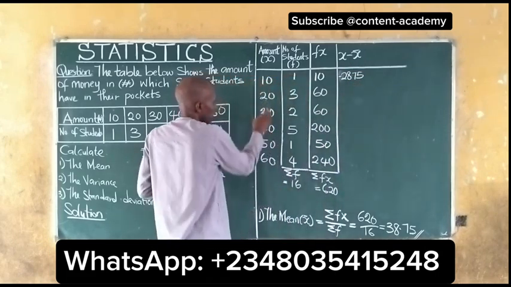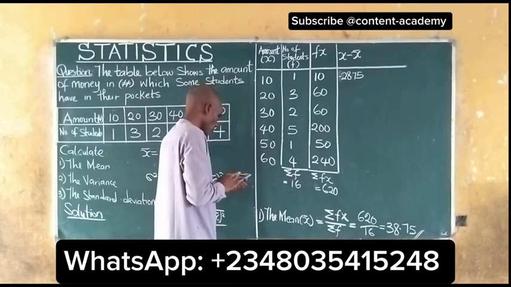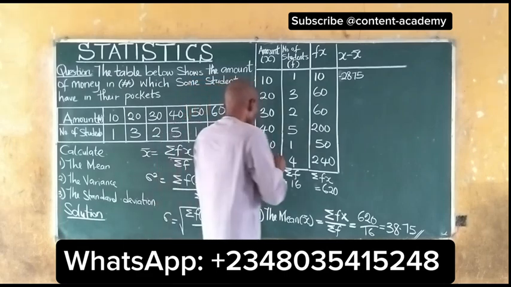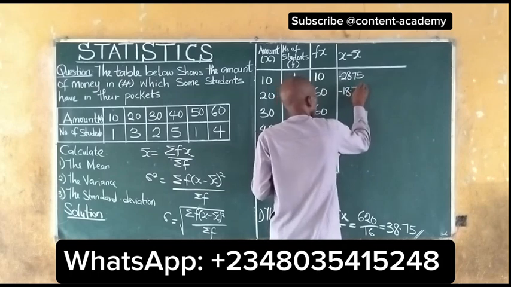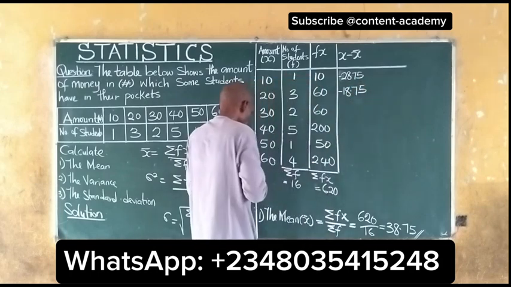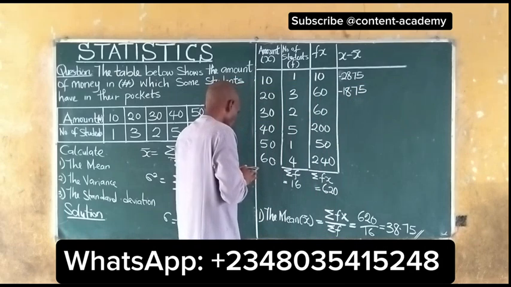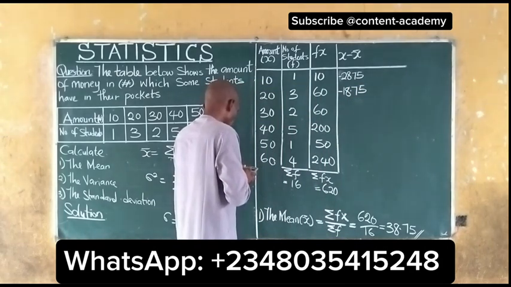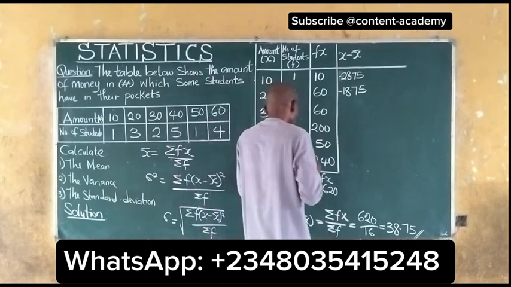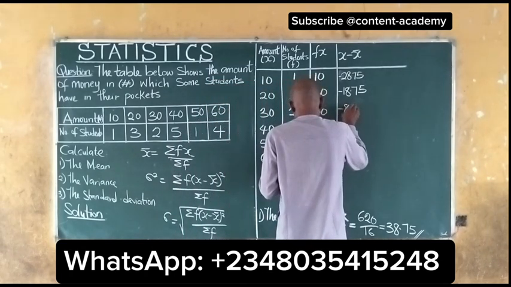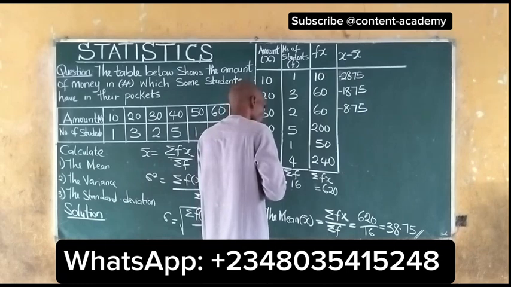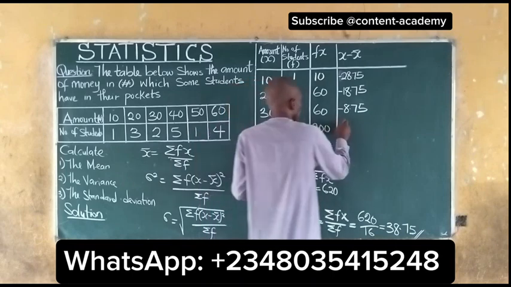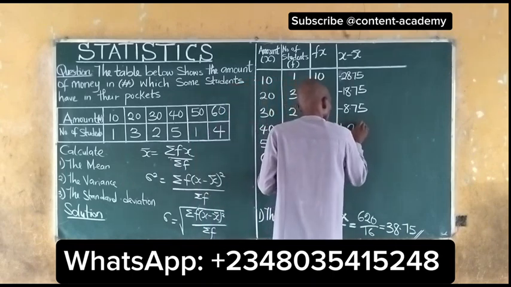Also, 20 minus 38.75, we have negative 18.75. We have 30 minus 38.75, we have minus 8.75. 40, we have 40 minus 38.75, we have 1.25.